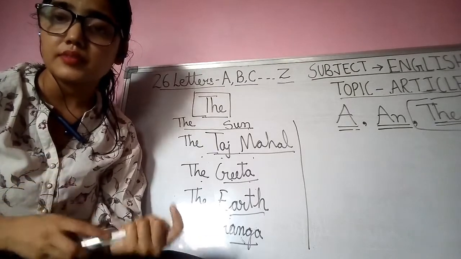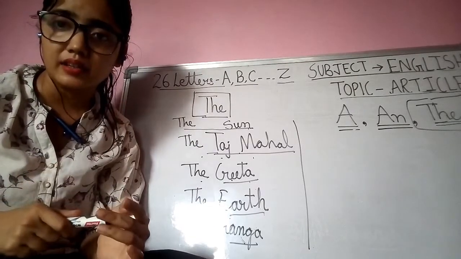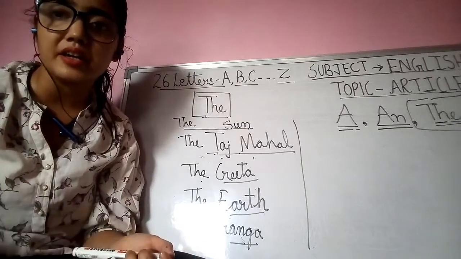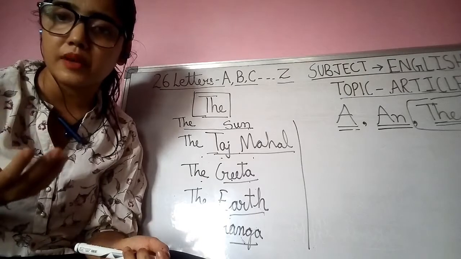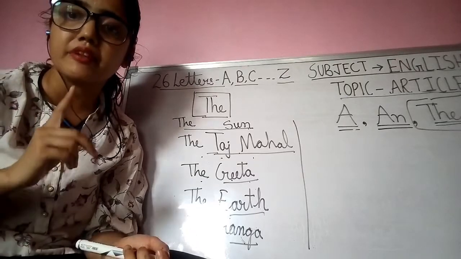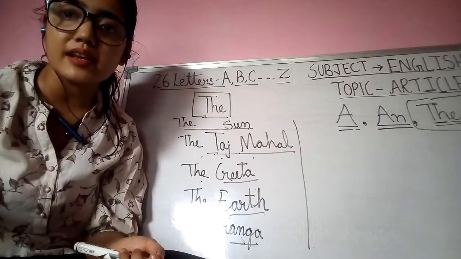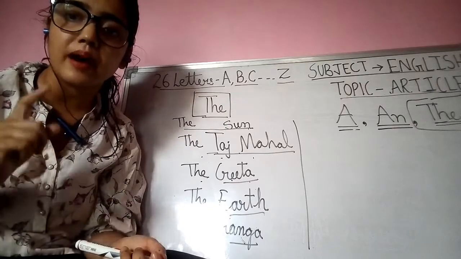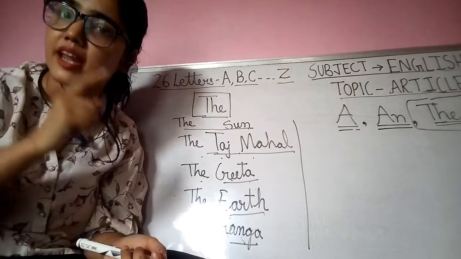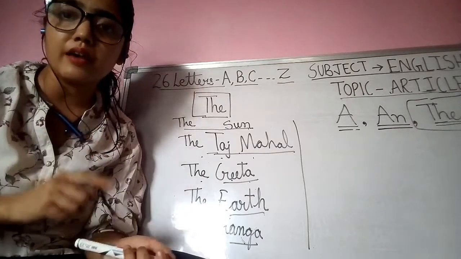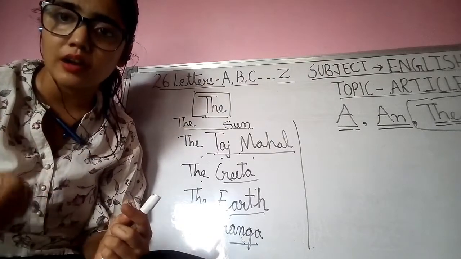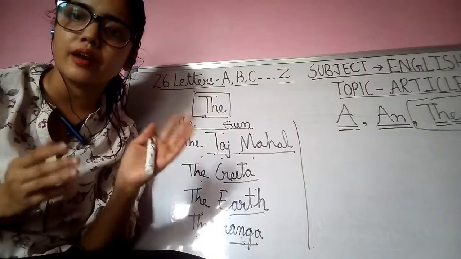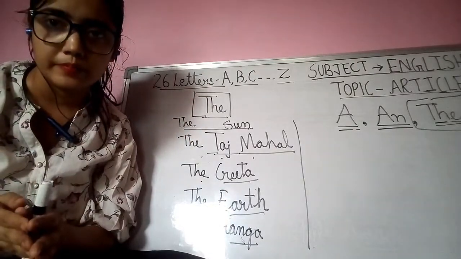Like, I have a bicycle. The bicycle is red in color. In the first sentence, I am telling that I have a bicycle. Now in the second sentence I am saying the bicycle, so I am talking about the same bicycle. If we talk about the same thing twice or thrice, then in place of a or an we use the.